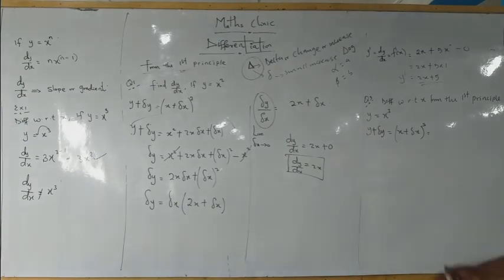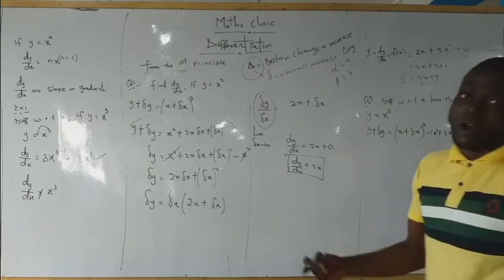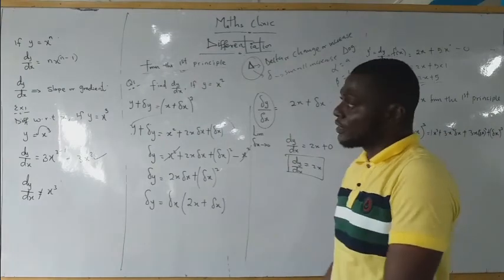No time. Just to expand this directly, we can have 1 x raised to power 3 plus 3x squared dx plus 3x dx all squared plus dx cubed.